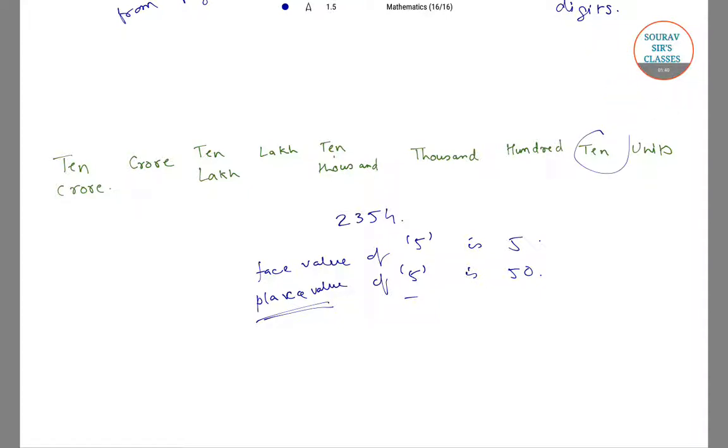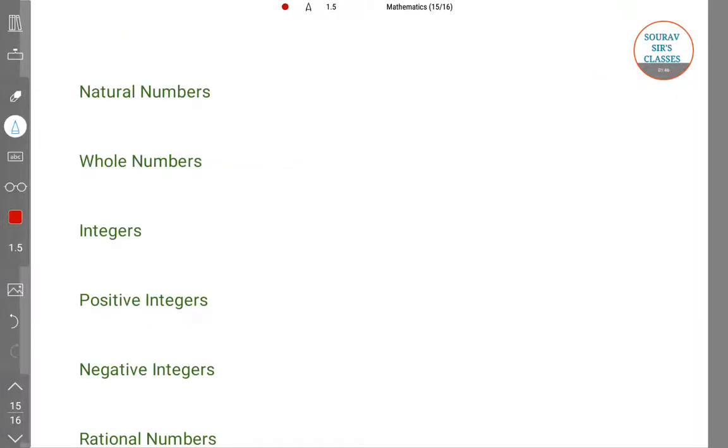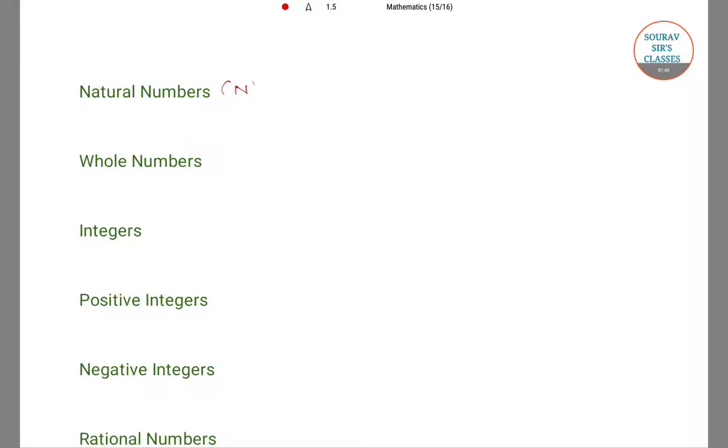The numbers are classified into different types as follows. First one is natural number, denoted by N. These are all counting numbers, that is 1, 2, 3 and so on. A whole number is natural number plus 0. So it is 0, 1, 2 and so on.